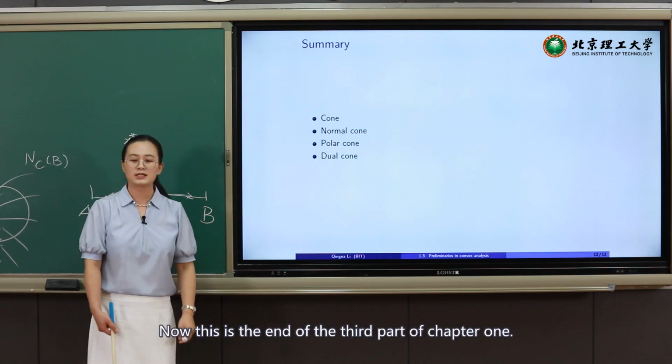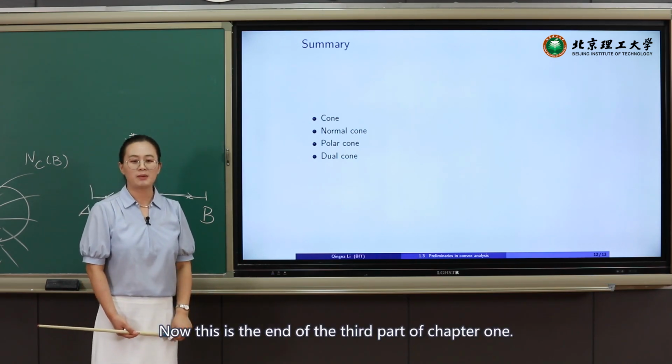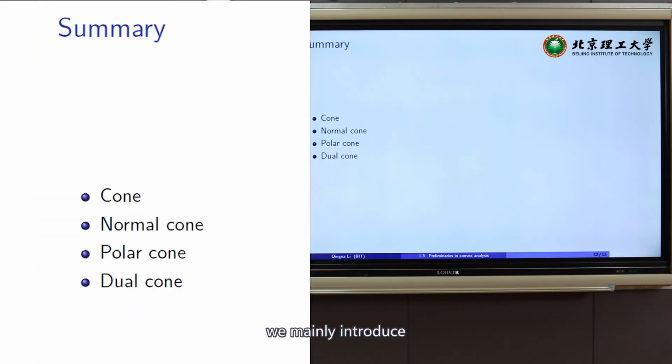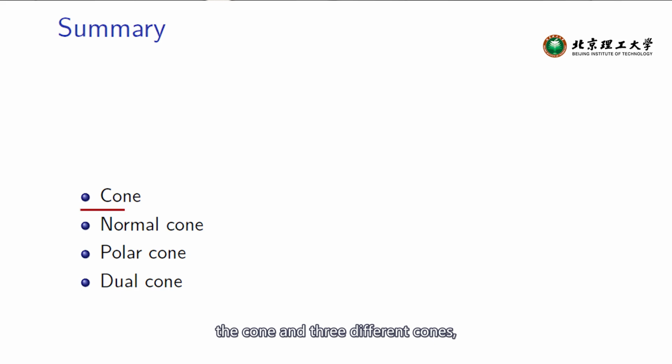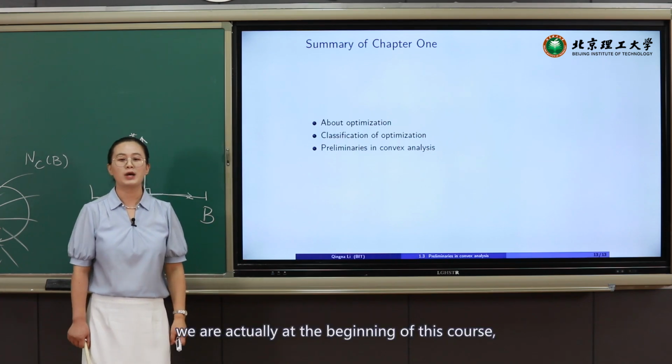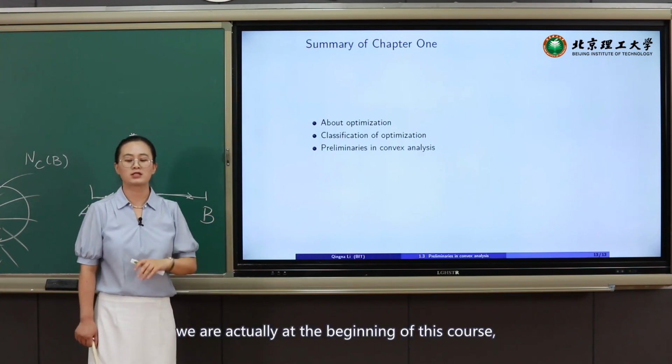Now, this is the end of the third part of chapter 1, and in this part, we mainly introduce the cone and three different cones, including the normal cone, the polar cone, and the dual cone. So finally, let's make a brief summary about chapter 1. In this chapter, we are at the beginning of this course.